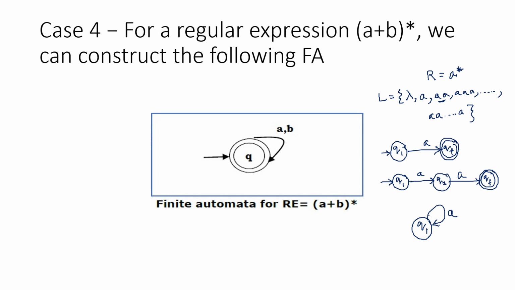Now, in case of NFA, how do we represent this? We put our initial state and give a lambda. And from this Q1, we put another lambda to go to a final state. Now, what does it mean? Why are we doing this? The reason is that lambda means no symbol.